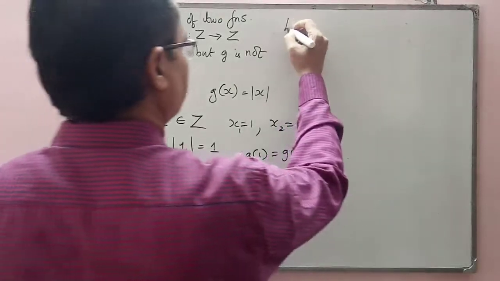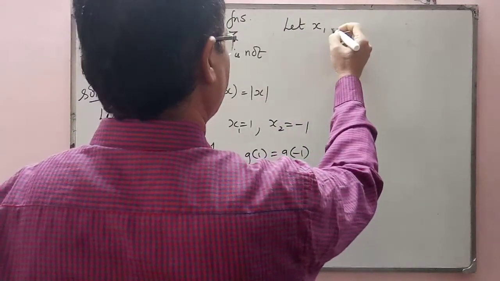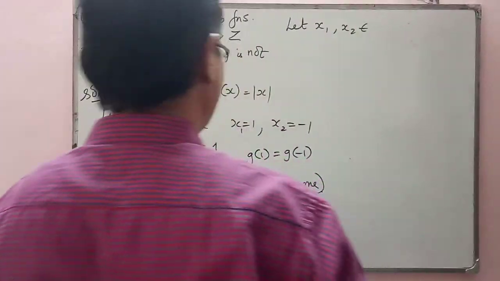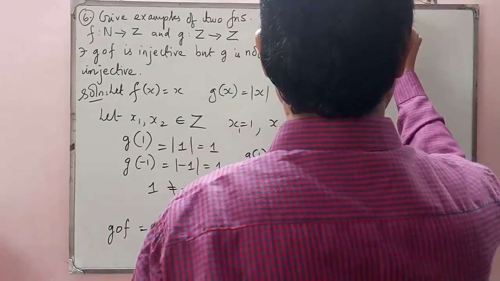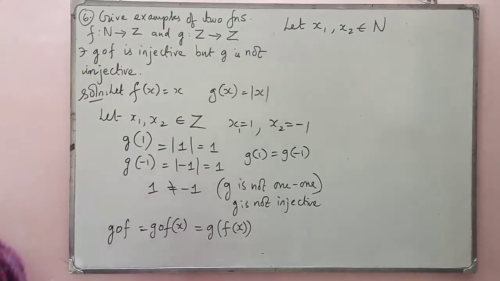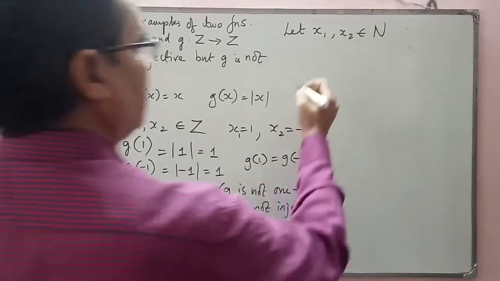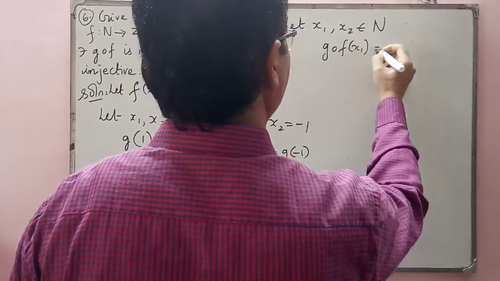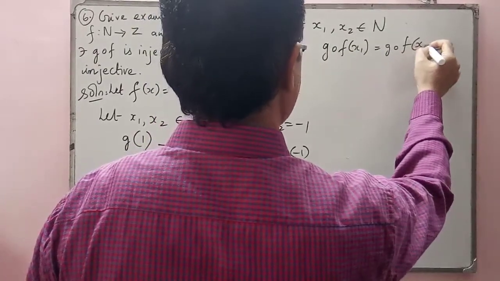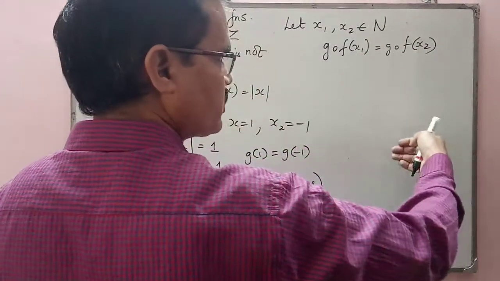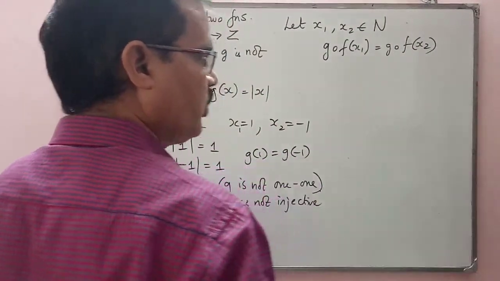Let x1, x2 belong to the domain of f, which is N. Now you need to say g of f of x1 is equal to g of f of x2. This is what we are starting. We should end with x1 equal to x2. Then we can say gof is 1 to 1, injective.